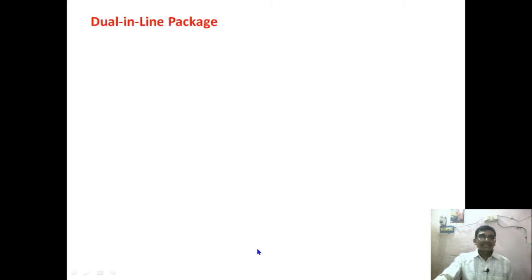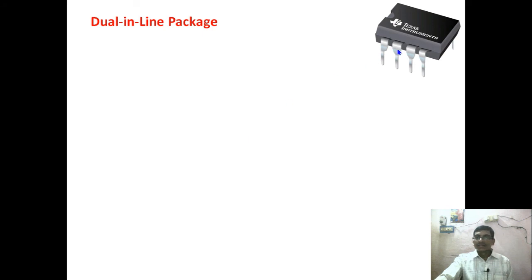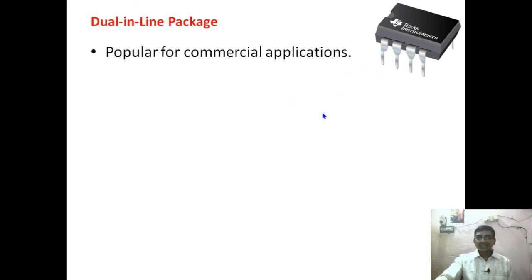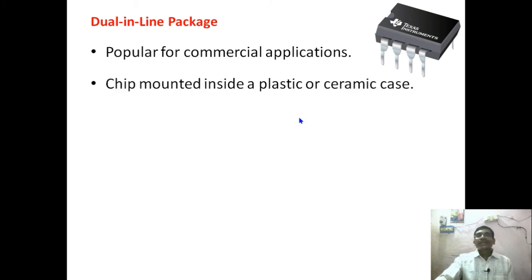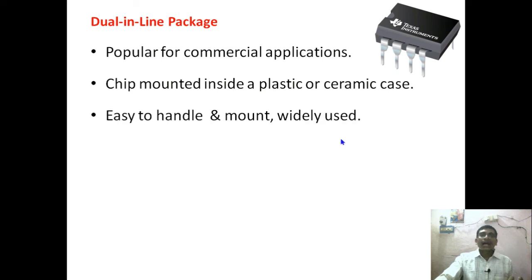And next we are going to see about the dual inline package. This is a dual inline package IC. We always see this. It is popular for commercial applications. The chip is mounted inside a plastic or ceramic case, and it is easy to handle and mount, widely used.